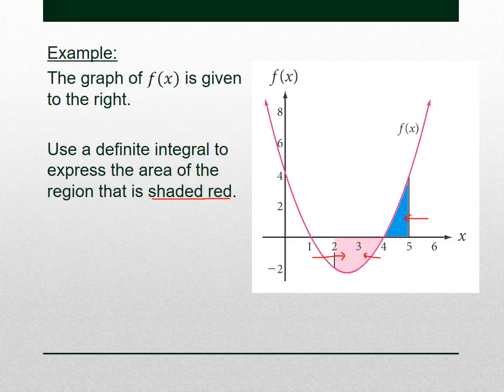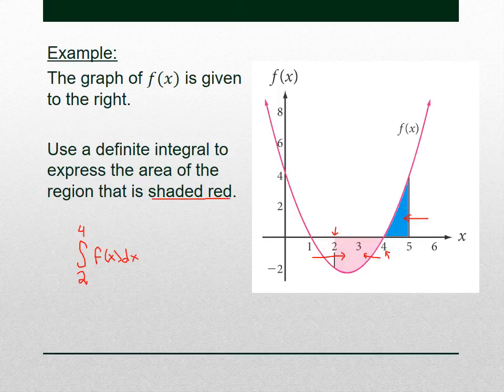And so the way that's going to show up with a definite integral is by a negative sign. So what do I mean by that? Well, the area of that red region is still given by the definite integral, so starting at 2 and ending at 4, from 2 to 4 of f of x.